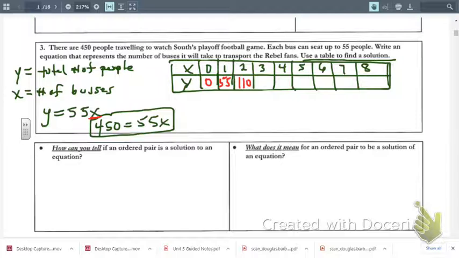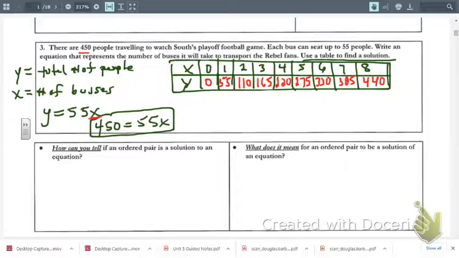So we need to get up to 450. If you plug in 3, you get 165. 4 is 220. 5 is 275. And then we go 330, we go 385, we go 440. Well, we need to move 450 people.